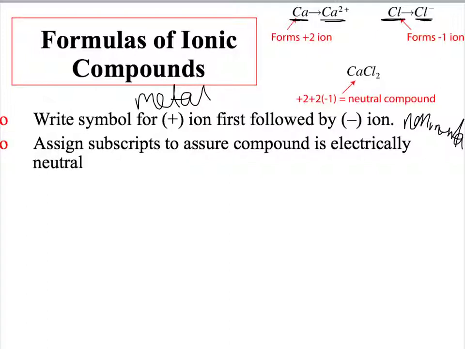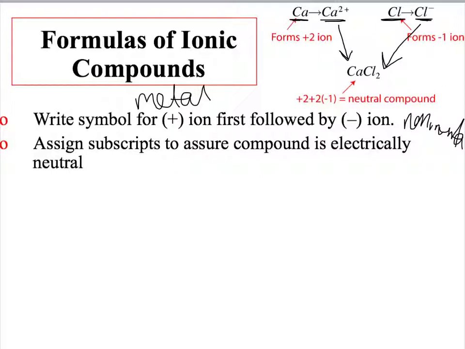When we write the formula, you put the positive one first, the -1 second, and then make sure that the charges equal 0 if you add them together. That's what makes a neutral compound. If calcium has a charge of +2 and chlorine has a charge of -1, you're going to have 2 chlorines for every calcium for it to be neutral and add up to 0.